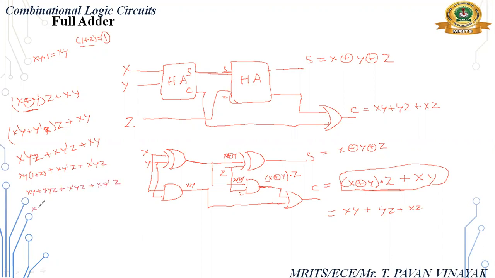Okay, now observe these two expressions. Take YZ common. What happens? X plus X bar. Now XY plus YZ plus XY bar Z, because X plus X bar is equal to 1. So I am replacing this one with 1.